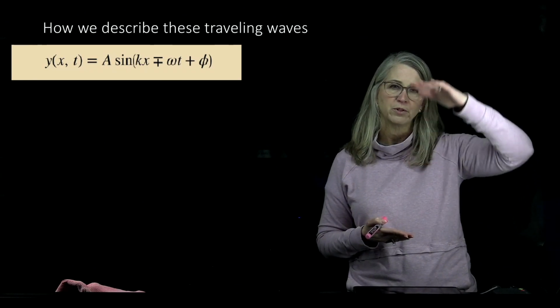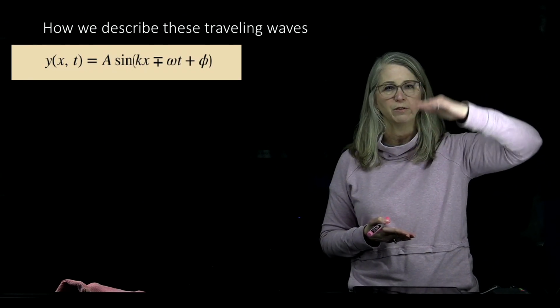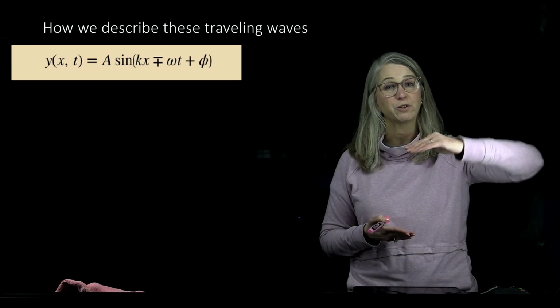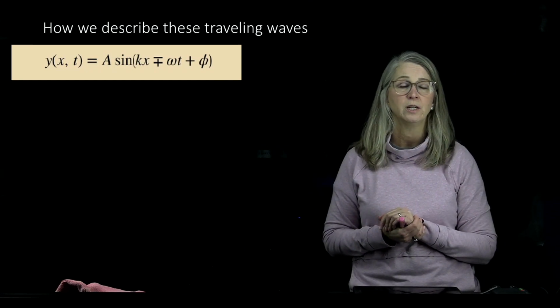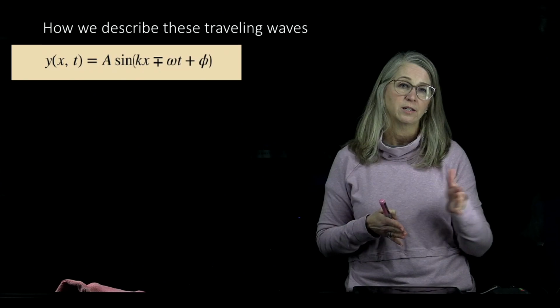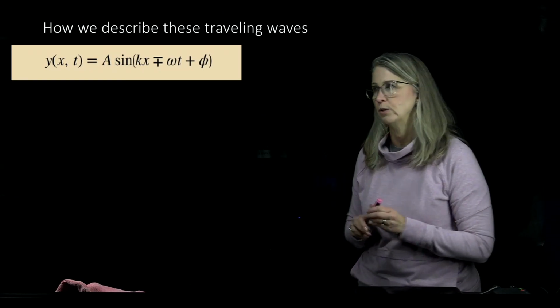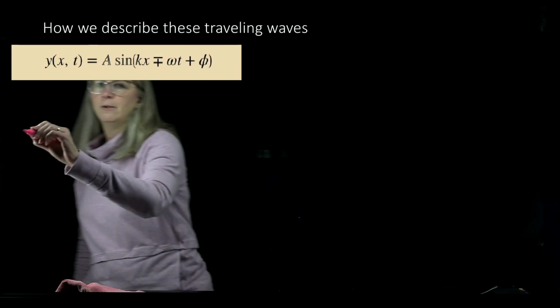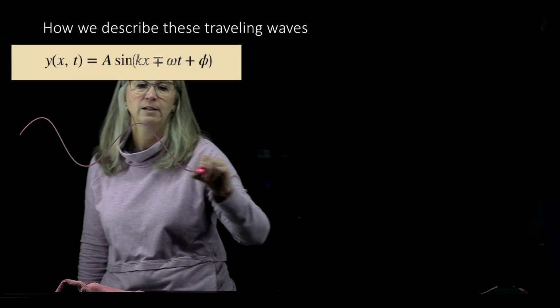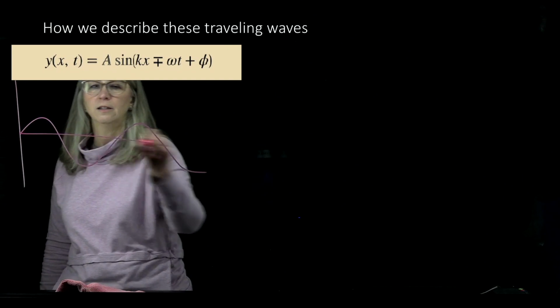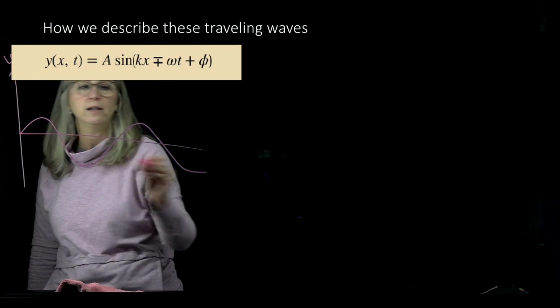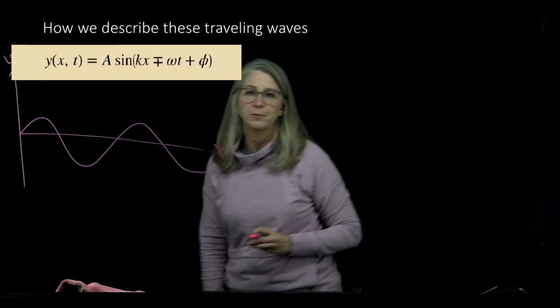Y represents its displacement in the transverse direction for our transverse waves, and X represents the position along the horizontal. So when we draw a wave like this, this represents the Y, and this represents the X.